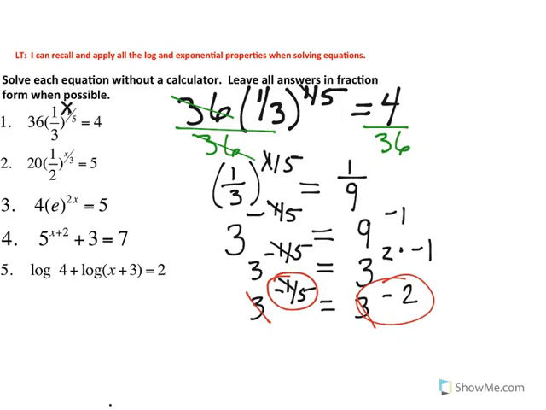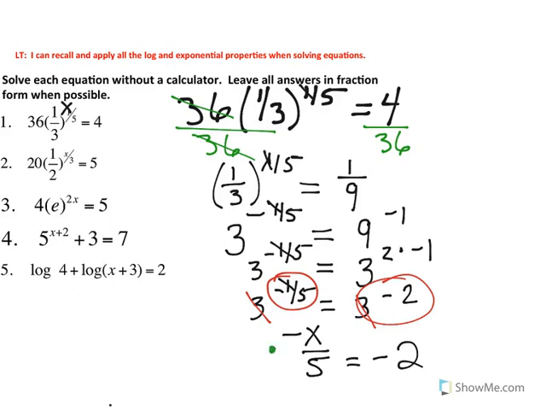Since the bases are the same, I can drop the bases and set the powers equal to each other. So I'll have negative x over 5 equals negative 2. And again, we're doing this without calculators. I need to solve for x. That means the negative 1 over 5 has to go away.